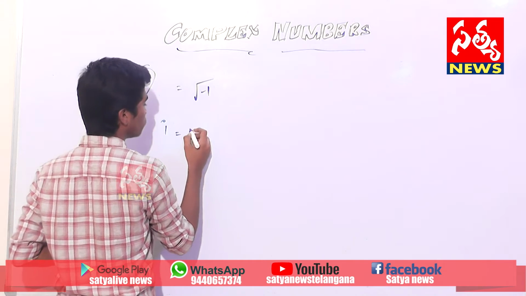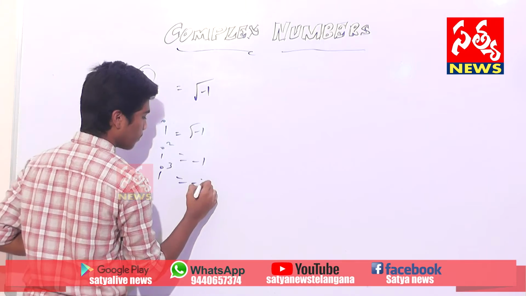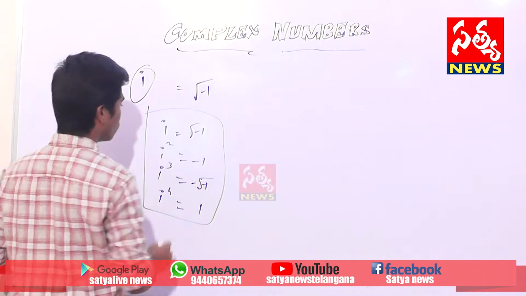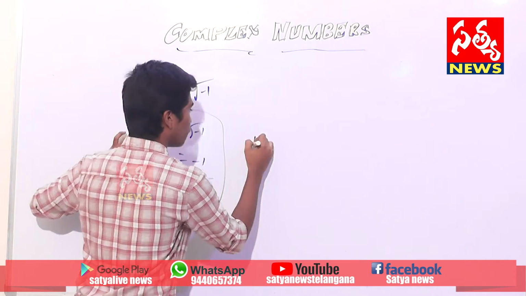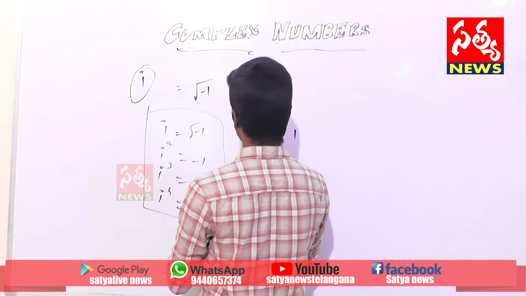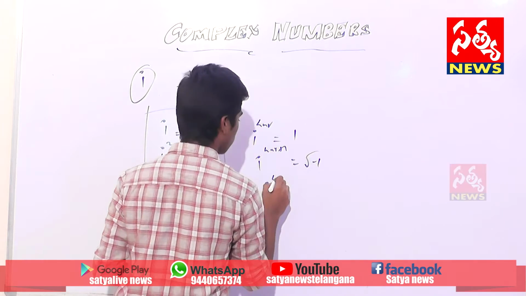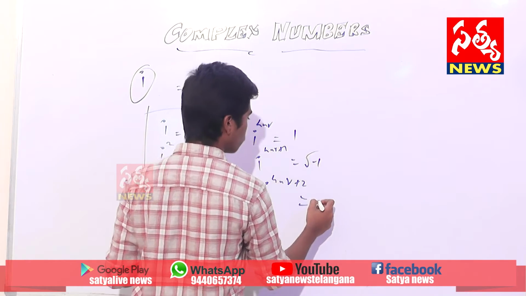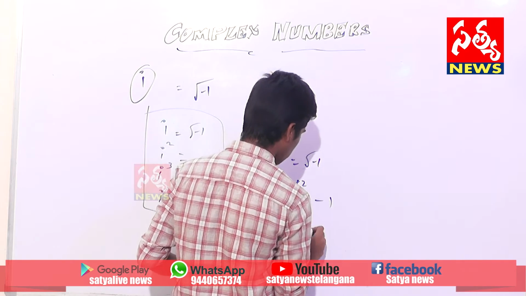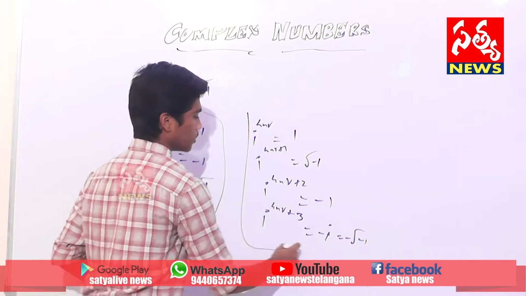Now, i equals root of minus 1, i square equals minus 1, i cube equals minus root of minus 1, and i power 4 equals 1. So from these we can write i power 4r equals 1, i power 4r plus 1 equals root of minus 1, i power 4r plus 2 equals minus 1, and i power 4r plus 3 equals minus i, or minus root of minus 1. Okay, this is the condition.